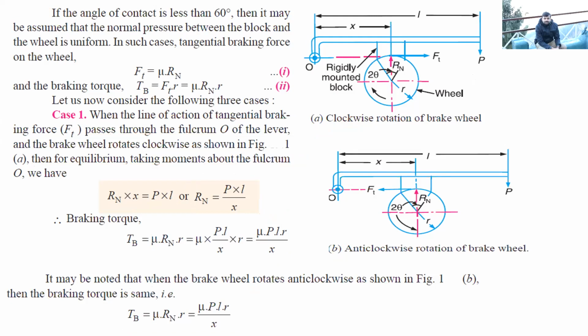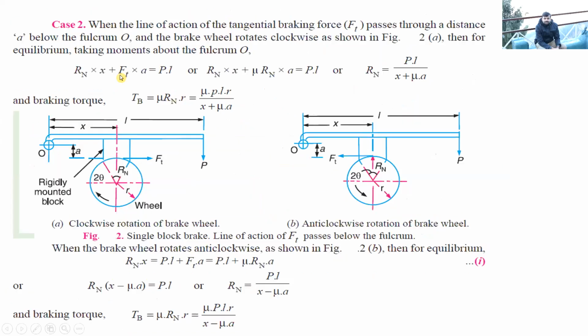Now let's move on to case two. What is case two? In this case two, just see the diagram. The line of action of this Ft force is not passing through this fulcrum point. The distance between this fulcrum point and the line of action of this Ft force is shown over here by distance A. Okay, so this is the difference and this is case 2.